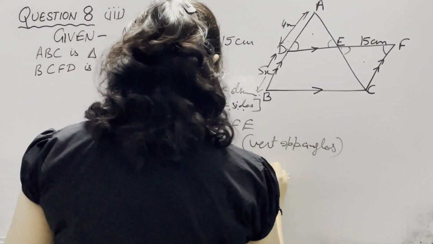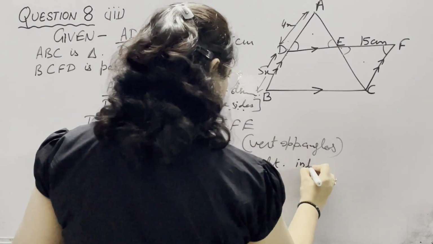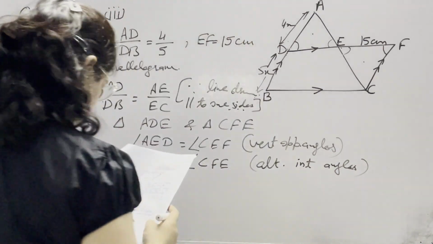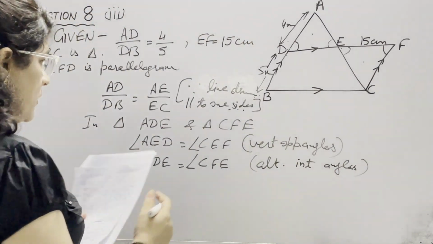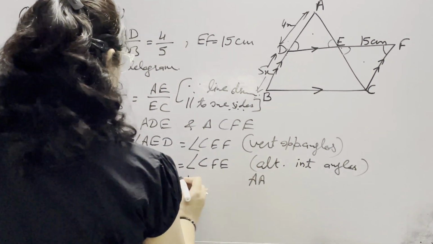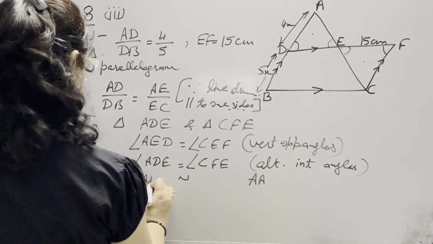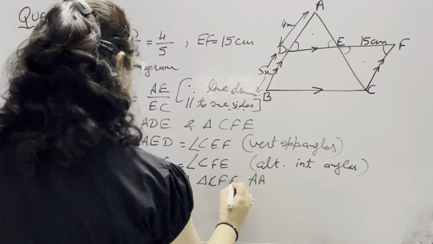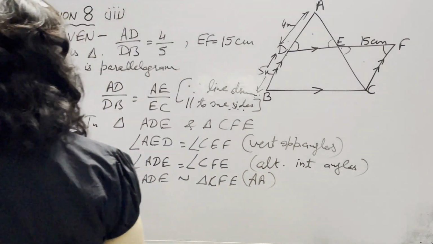We need to write alternate interior angles. So they are equal. So by AA similarity, these two triangles are similar. Triangle ADE is similar to triangle CFE by AA.